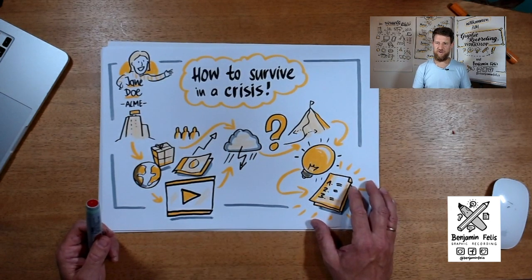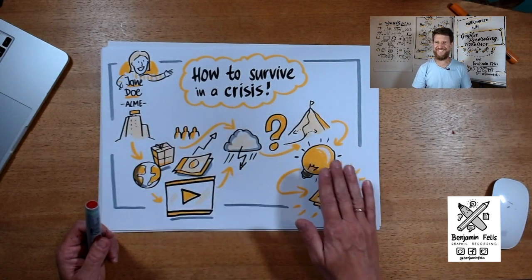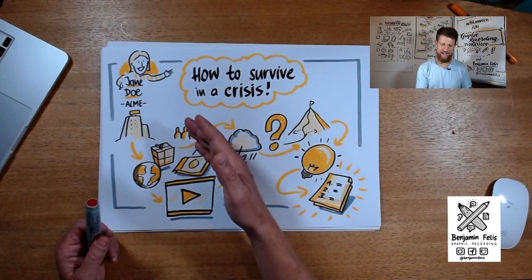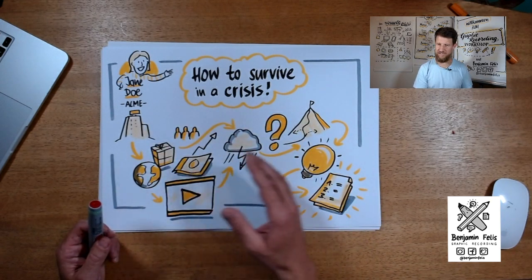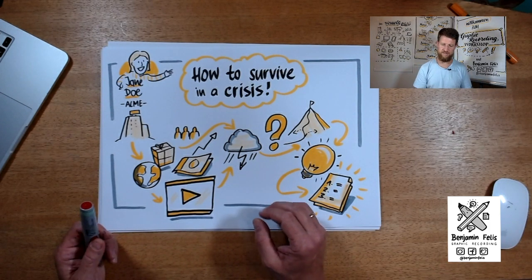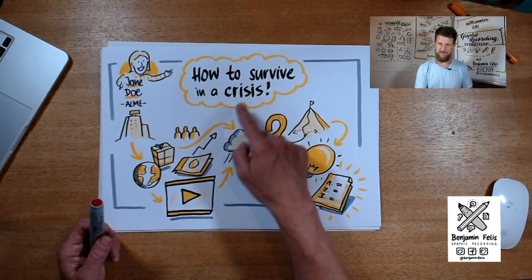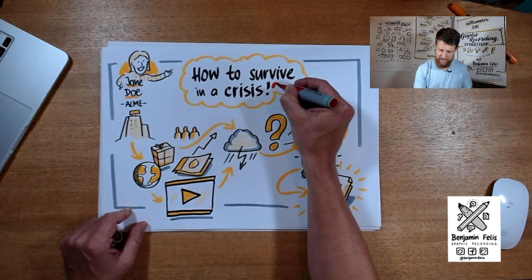So for me as a graphic recorder, I always think, nice presentation, it's nice, but behind this talk, a talk or a discussion always tries to answer a question. In this case, the question is not how to survive in a crisis, it's how to survive in a crisis as a question.